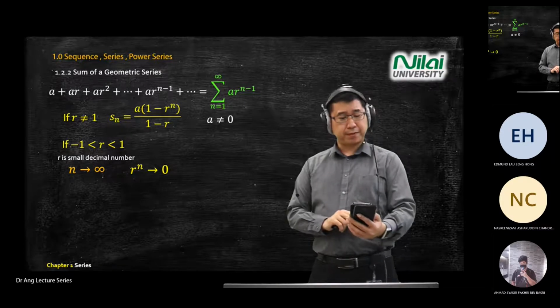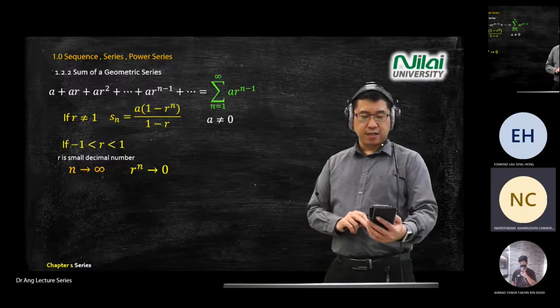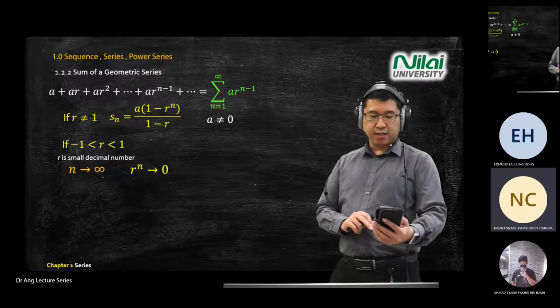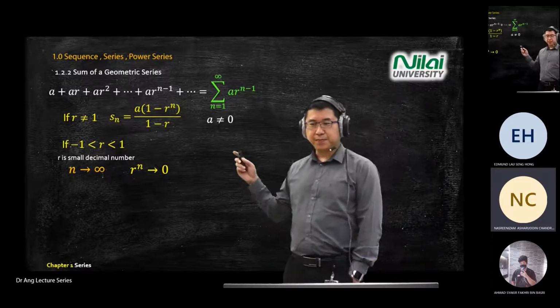So what do you get? 3.53 times 10 power of negative 4. Correct. Okay, good.